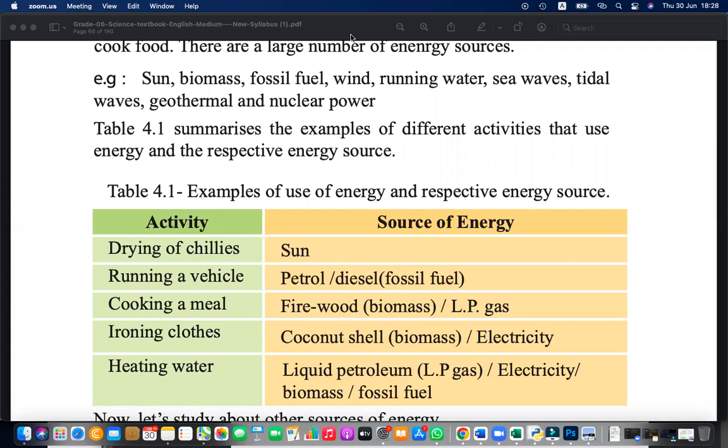Hot plates, electricity, oven, microwave ovens, that is also electricity. Anything else other than electricity? Biogas, yes, you can use biogas.